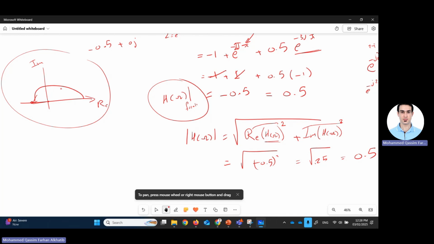If it was a positive 0.5 plus 0j, that would be 0. But I'm using a negative value, so it's 180 degrees. So the phase of H of omega is pi or 180 degrees. Okay, clear?